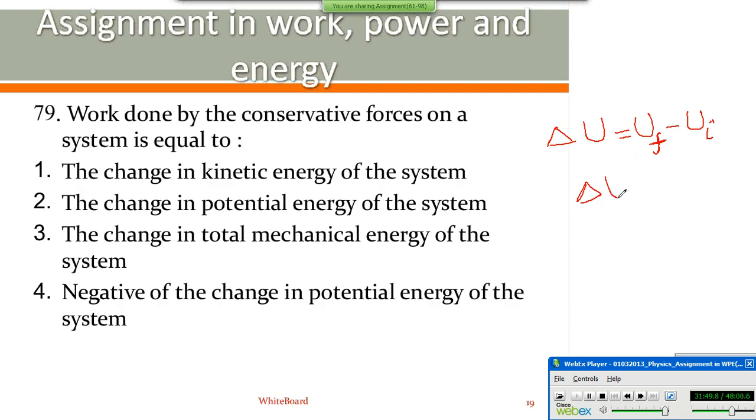From definition, the change in potential energy of the body or system when the system passes from initial state I to final state F is defined to be equal to the work done against conservative forces. That means we write delta U is equal to minus W_C. W_C is the work done by the conservative forces. That means work done by the conservative force is equal to the negative of the change in the potential energy of the system. That means the fourth option is the answer.